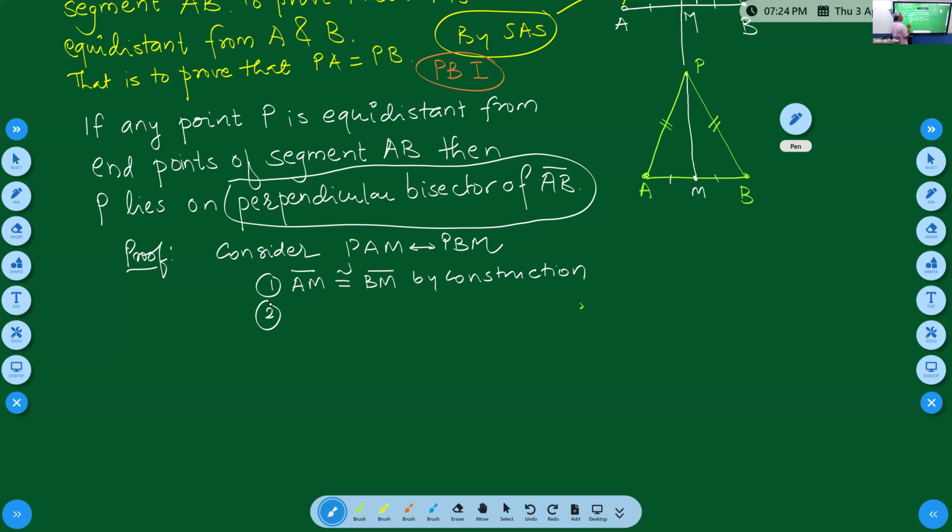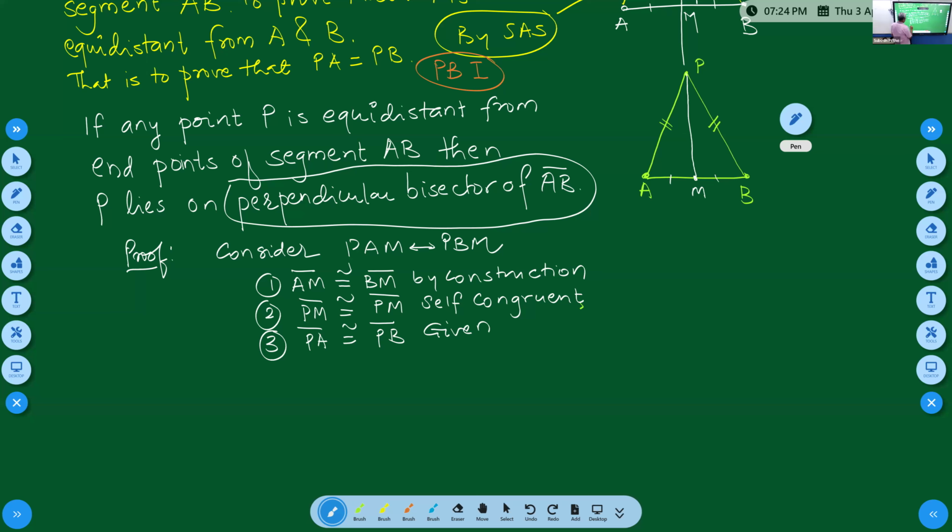Two: PM congruent with PM, self-congruent. And 3: PA congruent with PB, given.